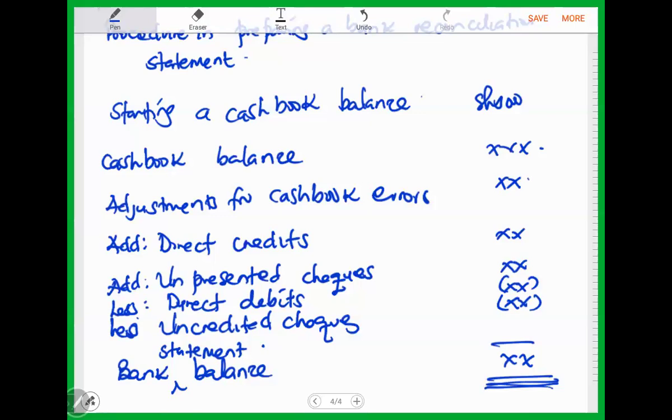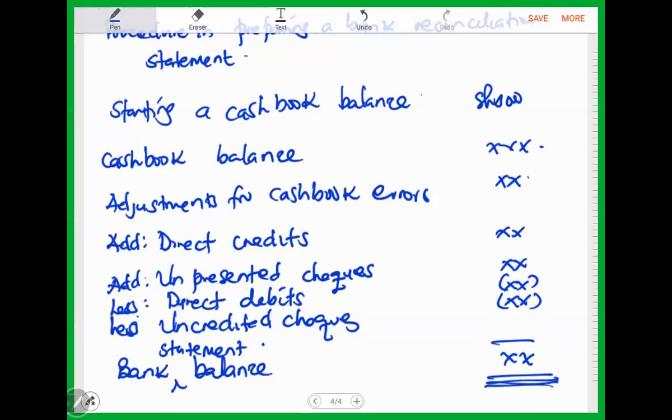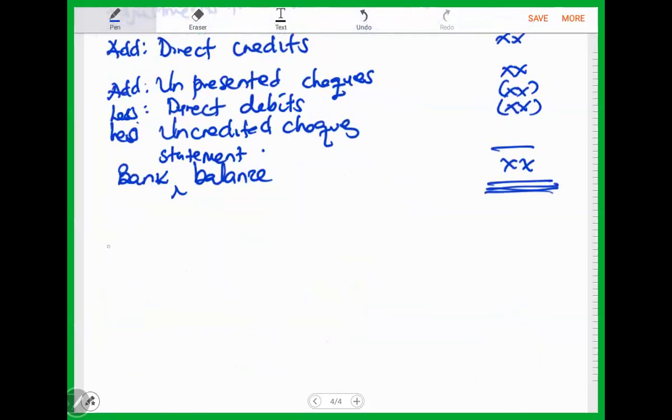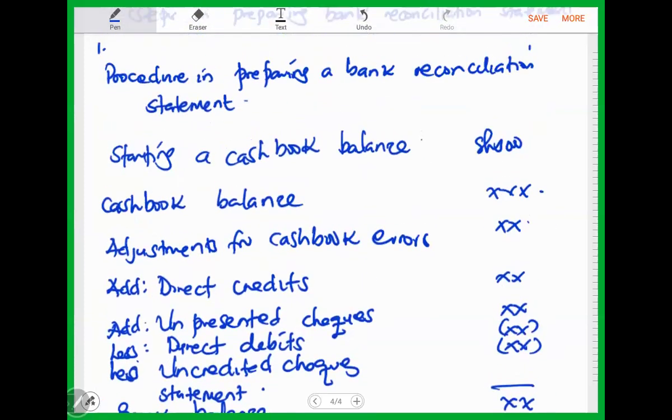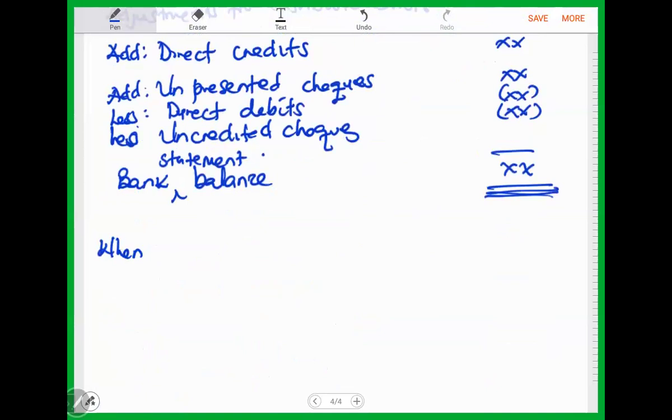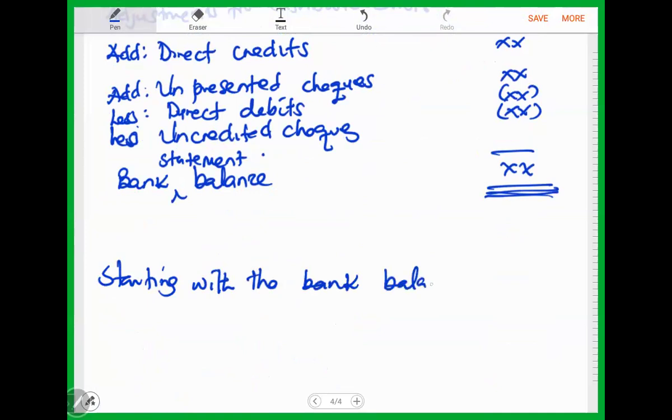Number 2, when you start with the bank balance. Starting with the bank balance.